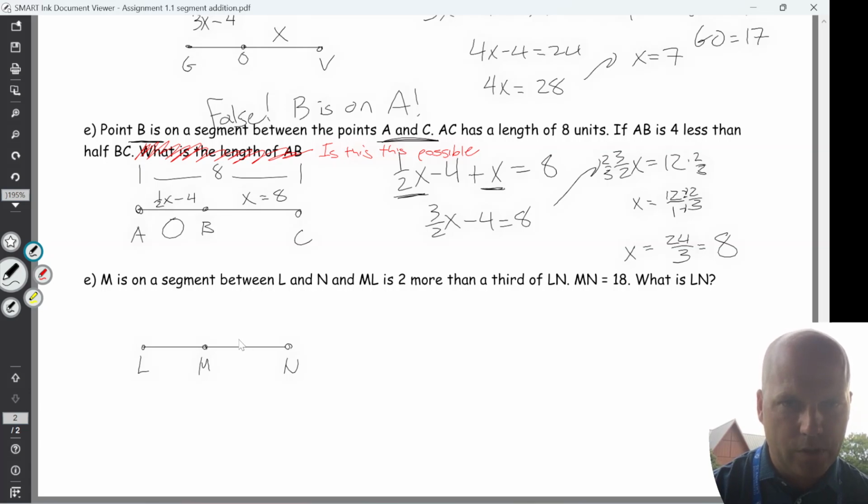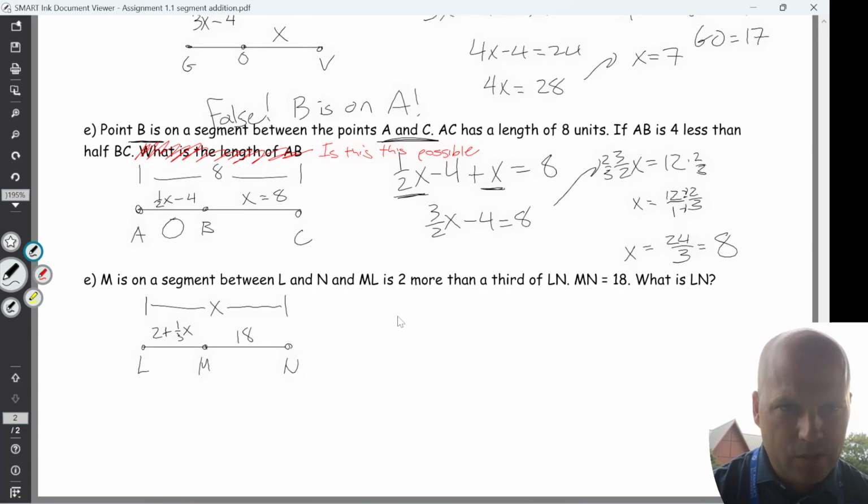So this is probably the hardest one here because LN equals a number. ML is 2 more than a third of LN. MN is 18.